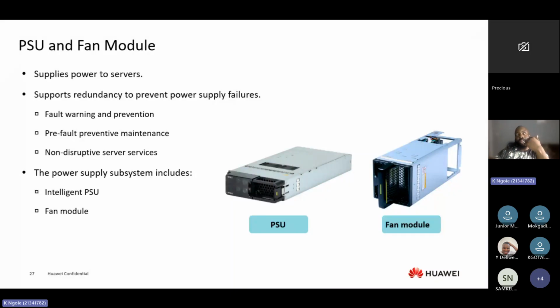If there is any power supply failure, it helps with fault warning and prevention, preventive maintenance, and non-disruptive server services. When we have a power supply for the servers, it comes with an intelligent PSU and fan module. PSU stands for power supply unit, a component that provides stable electrical power to the server.